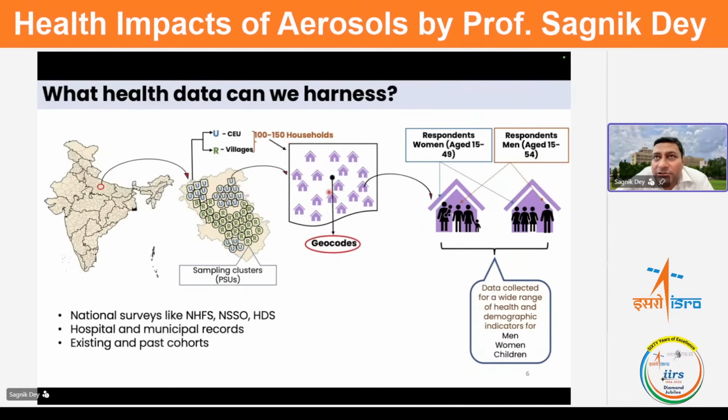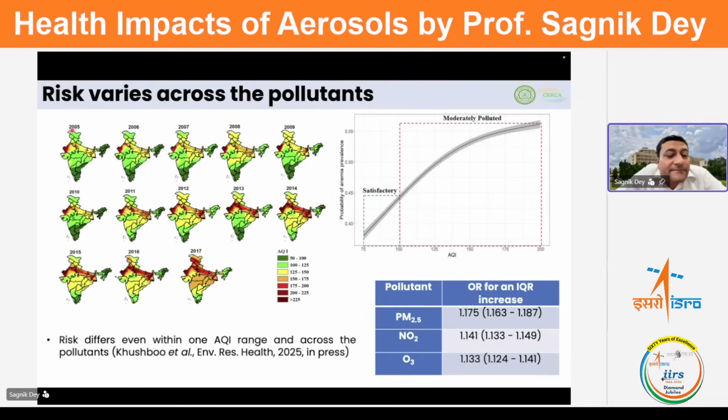As I said, we not only have PM 2.5 information, but we also have information about NO2, ozone, and formaldehyde. And by compiling information of PM 2.5, NO2, and ozone, we have mapped air quality index across the country. I'm just showing one example.